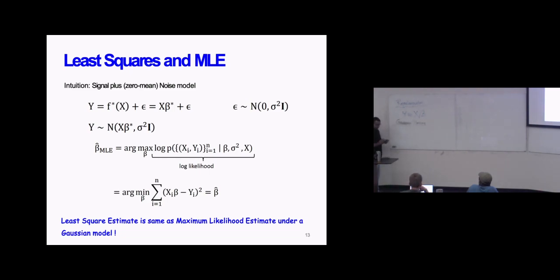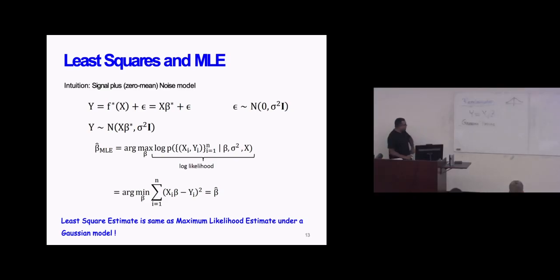Here we are assuming that beta follows a distribution like this. Then how does our optimization problem change, right? That's the question.